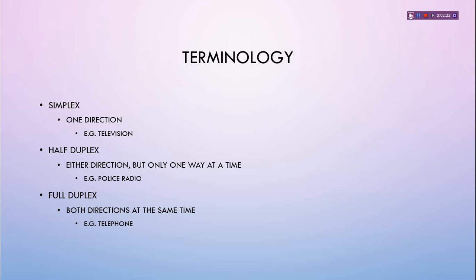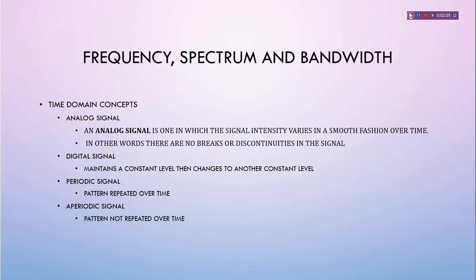Half duplex means the sender and receiver both can send data but only one device at a time. Example, walkie-talkie. Full duplex means both sender and receiver can send the data at the same time. Example is telephone or mobile.